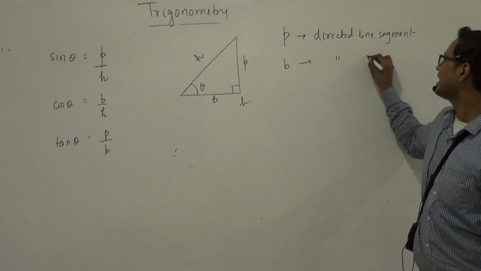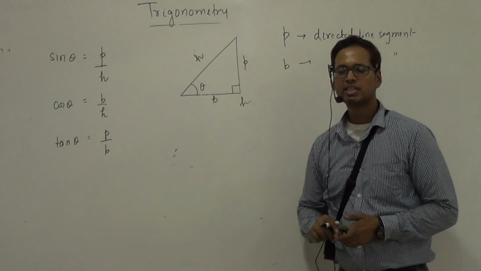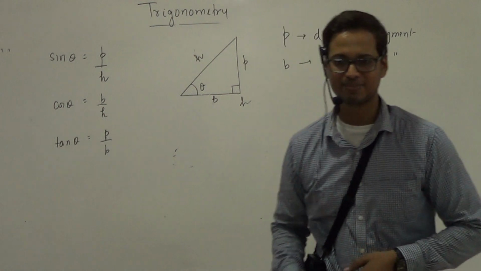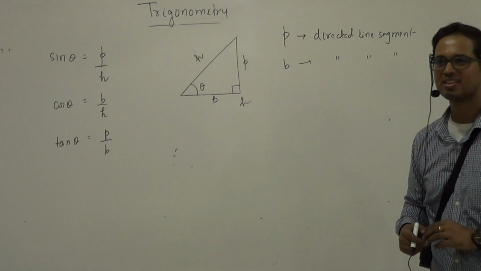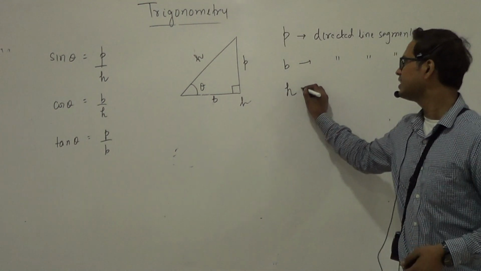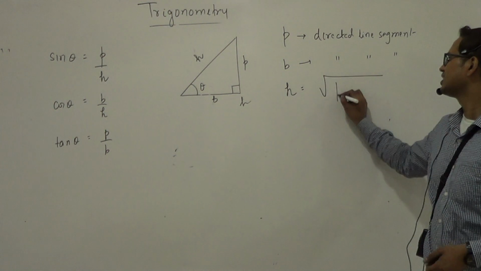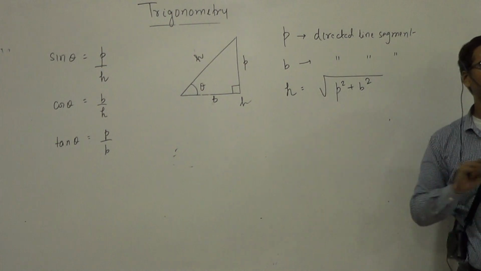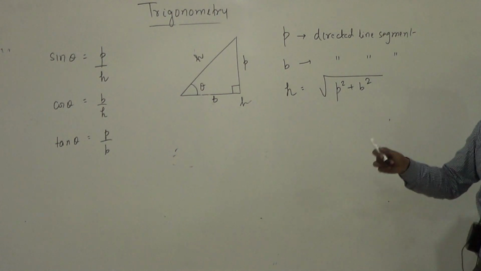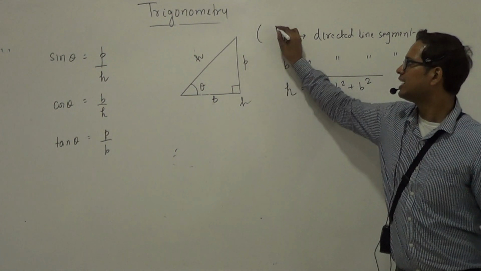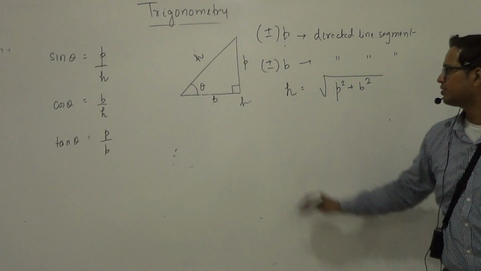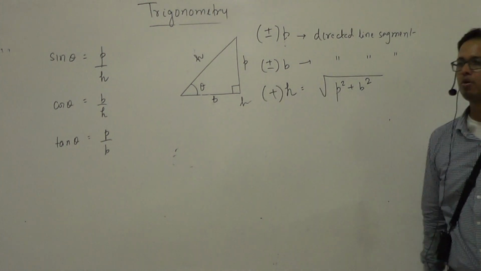When I say directed line segment, basically they will have signs, so they're like vectors, kind of. Where H is something which is always positive, that means it will always have a positive sign. So what I want to say is that you can have your P, B as positive or negative, but your H will always be positive.